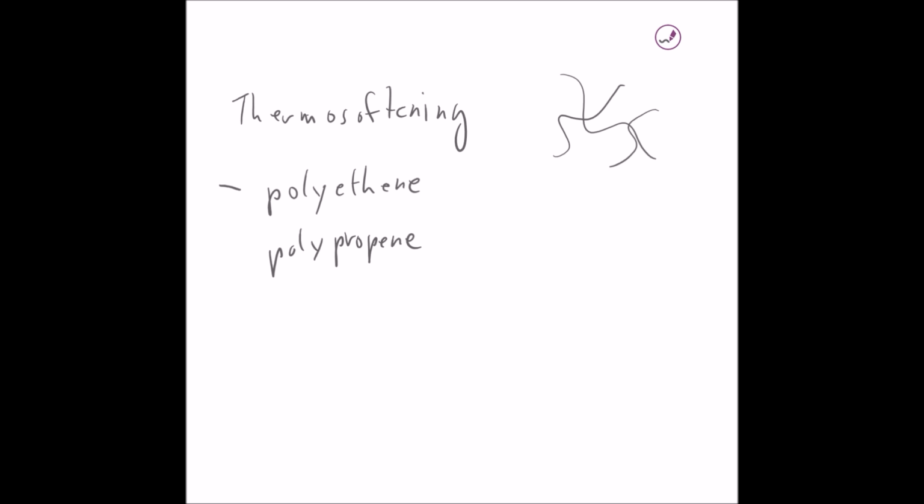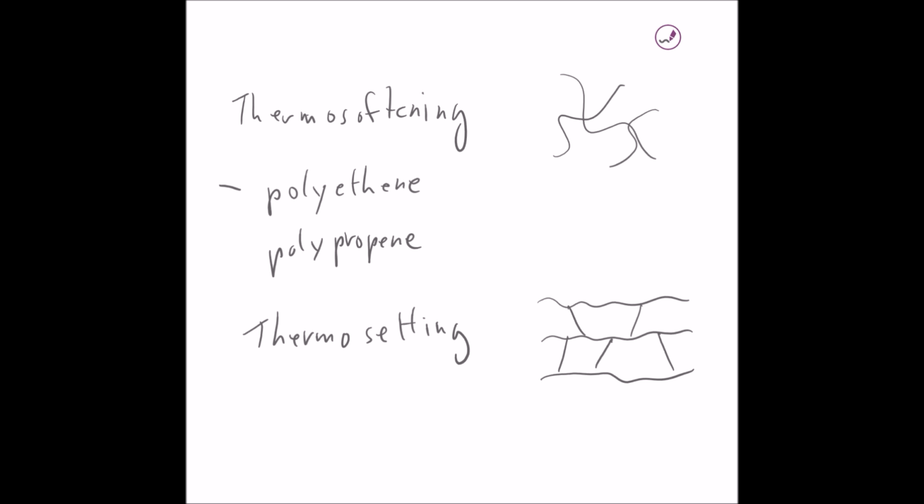And this has a different diagram to be able to recognize. And this one has these cross links, like so. And those cross links make the thermosetting polymer much stronger, so it won't melt very easily when heated. So it's totally different than thermosoftening, just because of these cross links making the thermosetting polymer stronger.